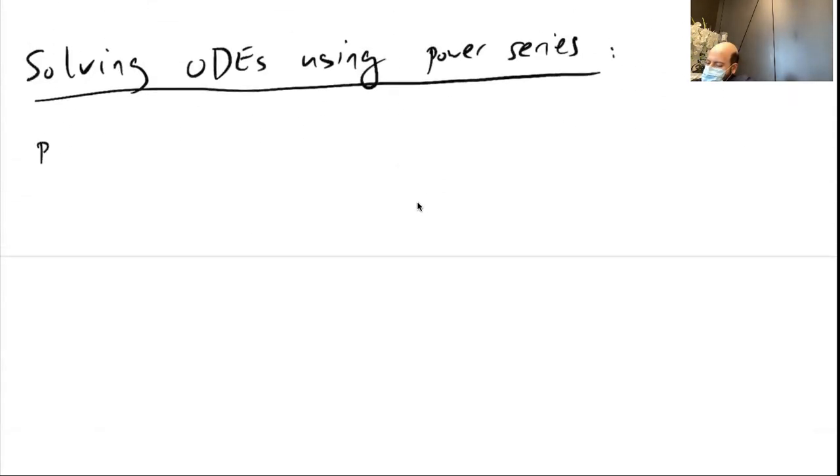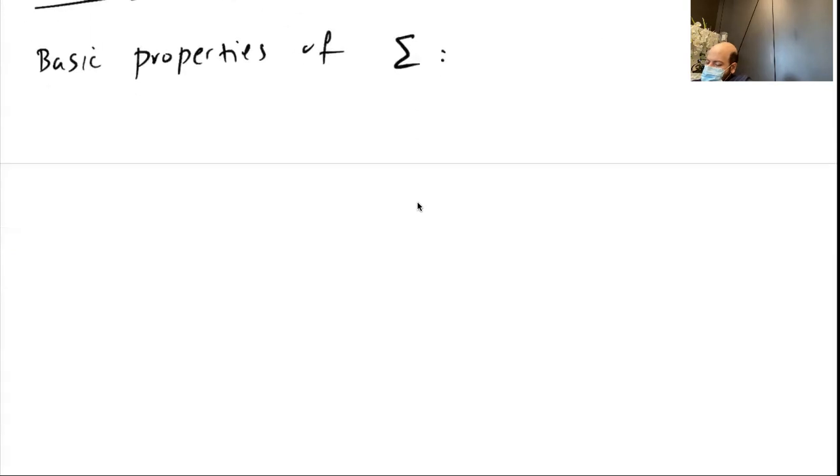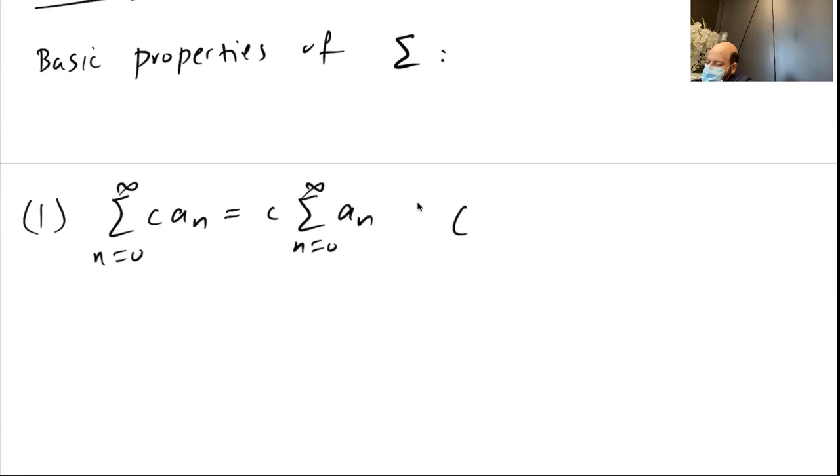So, basic properties of sigma. The first property is that the sum of c times a_n is equal to c times the sum of a_n, from 0 to infinity, where c is a constant here. So if you multiply your terms with a constant, you can always take the constant out of the sigma.